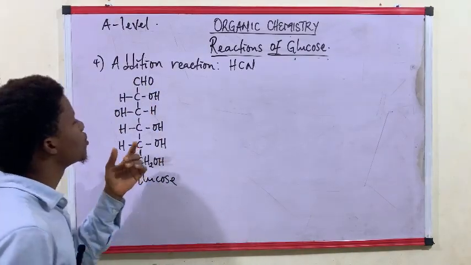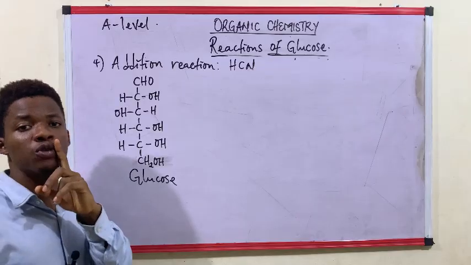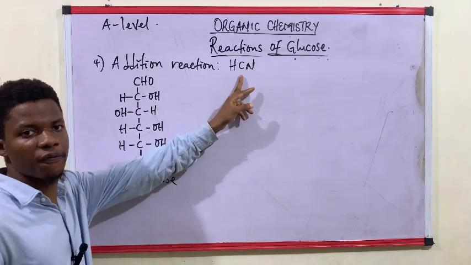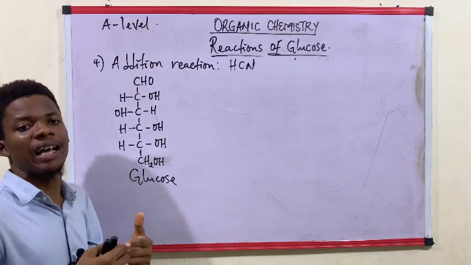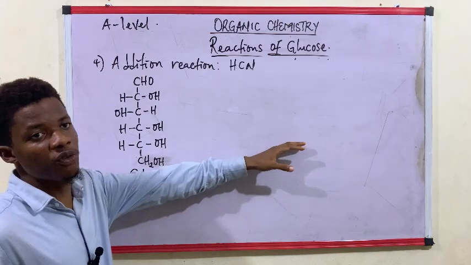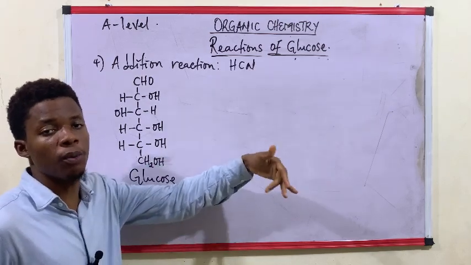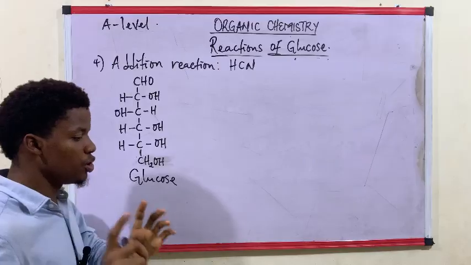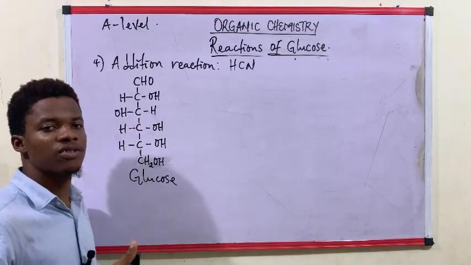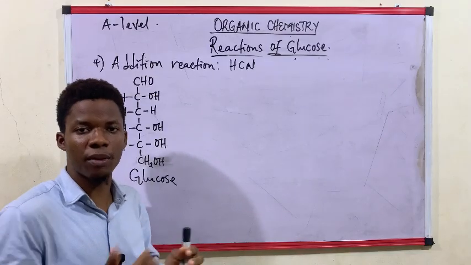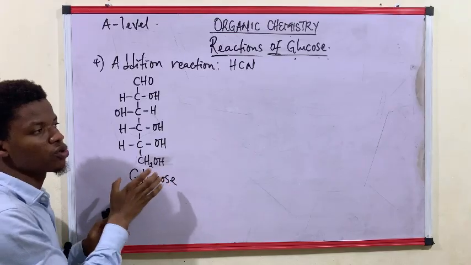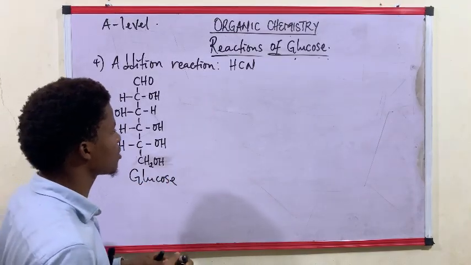If I use another monosaccharide, let's say ribose, which is 5 carbon, there will be an addition of one extra carbon, so instead of a 5 carbon chain, it will now become 6. So when glucose reacts with hydrogen cyanide, one extra carbon atom is added, converting it from a 6 carbon structure to a 7 carbon structure.